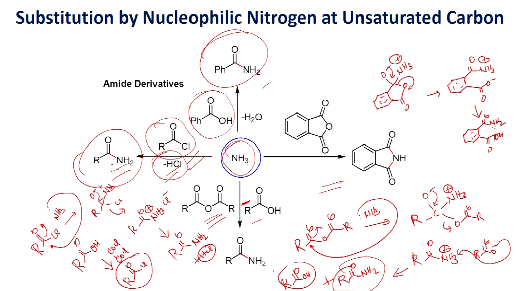Once you form this one, since this is an aryl carboxylic acid, it can undergo intramolecular addition with this carbonyl group, and you will be able to form an intermediate.